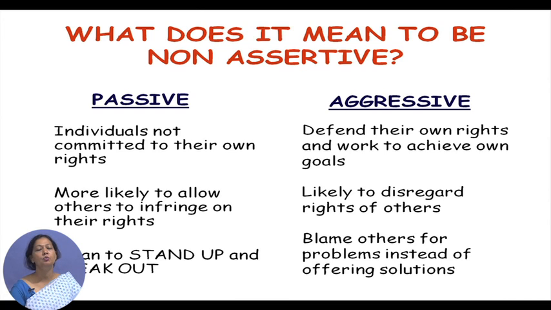An individual being non-assertive could either be passive, that is, they are not committed to their own rights, or aggressive, so they defend their own rights and work to achieve their own goals. That's perfectly all right as far as assertiveness goes. Then what's the difference? Aggressive people disregard the rights of others, while passive people will allow others to infringe on their rights.